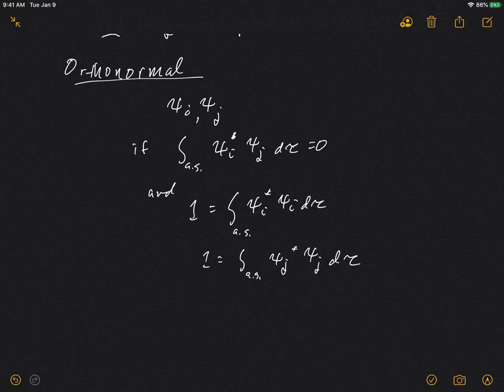And that would be for two of these wave functions, and we can imagine there being an orthonormal set of wave functions i, j, k, and so on, or 1, 2, 3, 4, 5, whatever your index is, or A, B, C. There can be an orthonormal set.